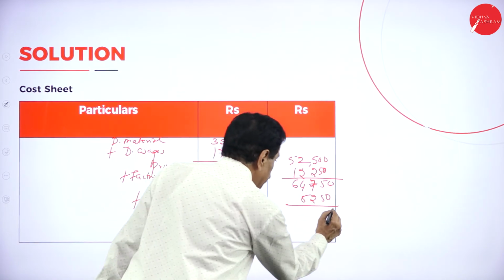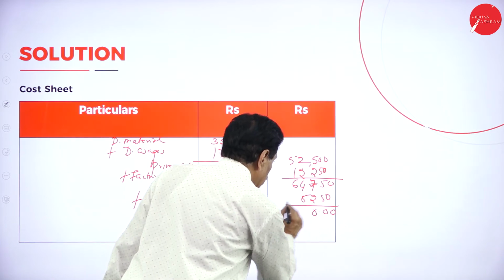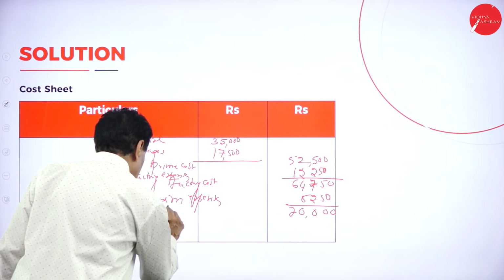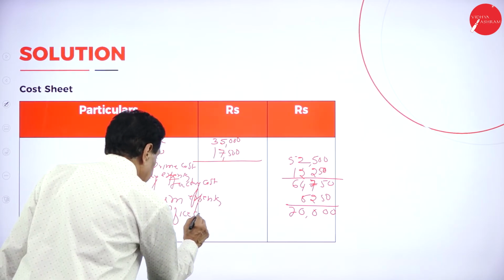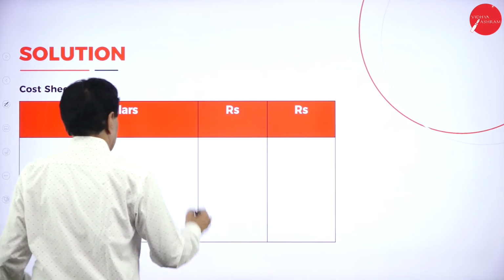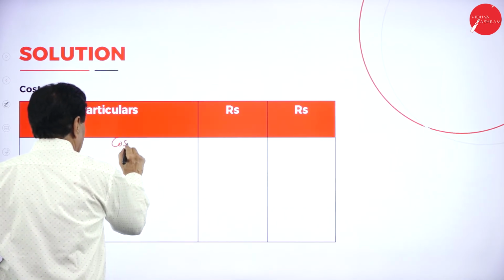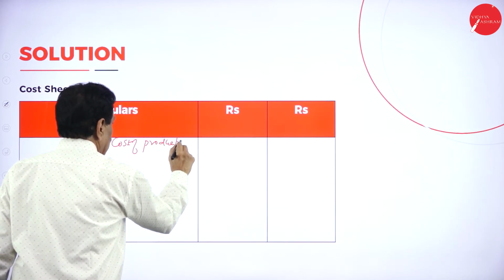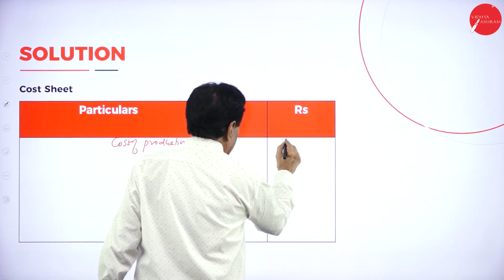Add, 70,000. What is this called? Cost of production. $70,000.